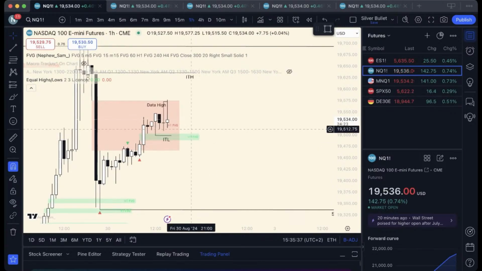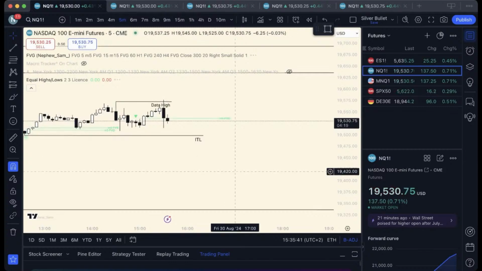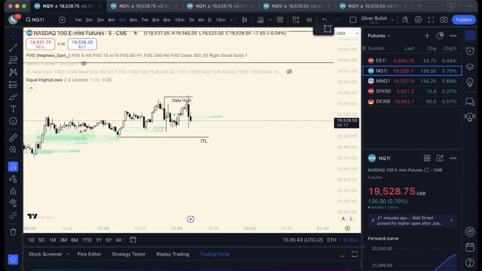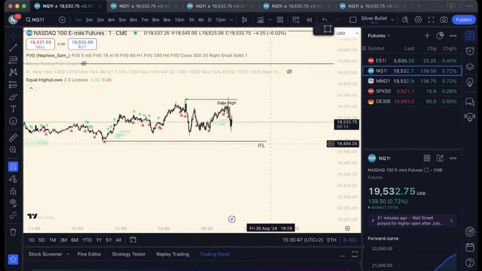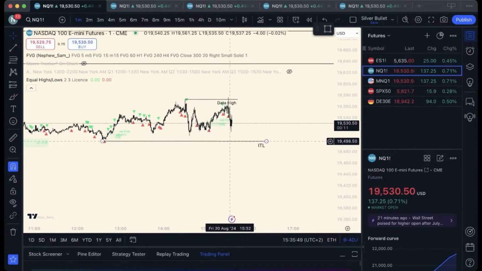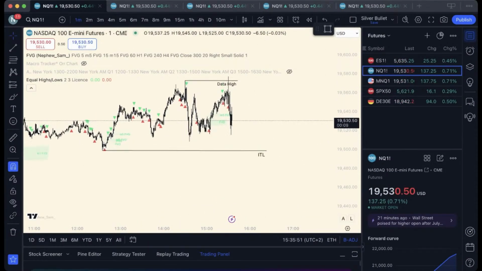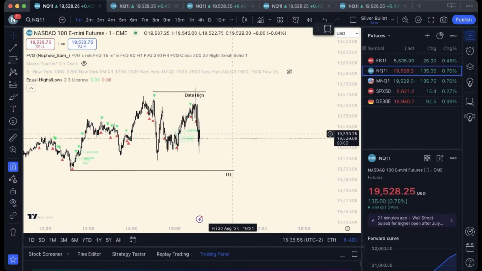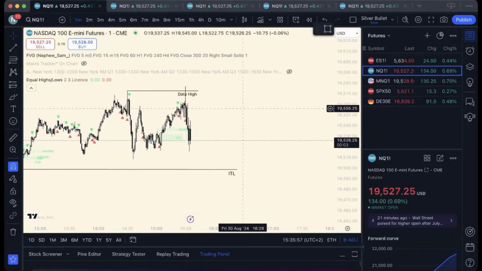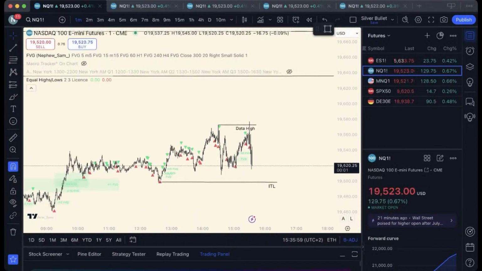This is a nice reaction from the 1 hour. Good. I think what I would like to see would be a sweep of this internal low here. It's from the pre-market, and maybe we get a nice reaction back up to the targets up here.